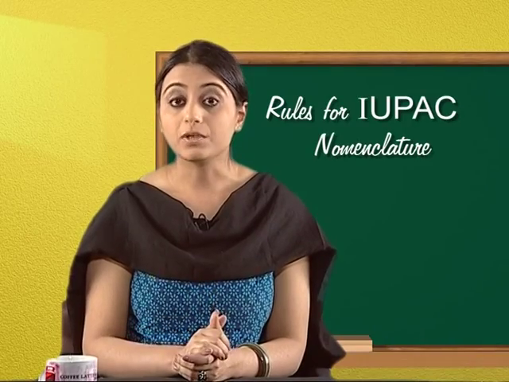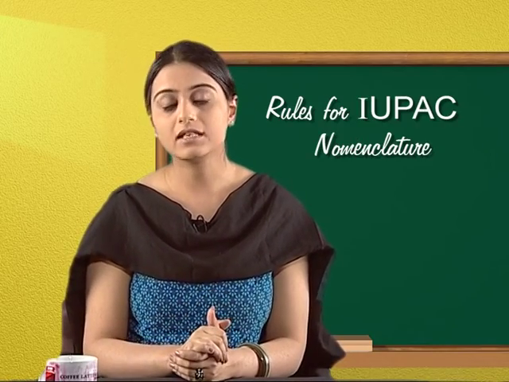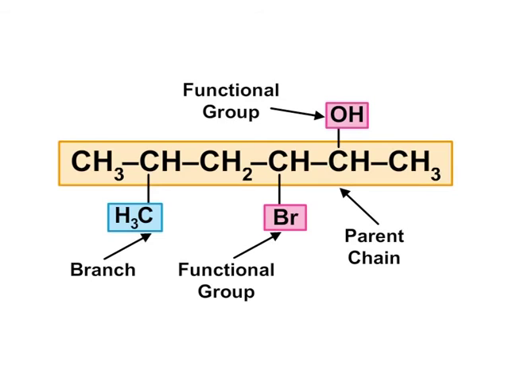Now students, we are looking at a compound having 5 carbon atoms in a straight line. It is known as the parent chain. It contains 3 additional groups like CH3, Br and OH, out of which Br and OH are functional groups, whereas the methyl group, which is the CH3 group, comes in the branch category.